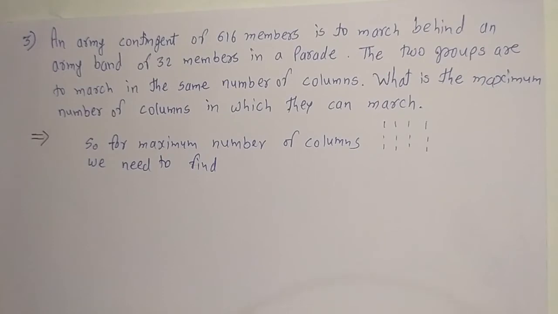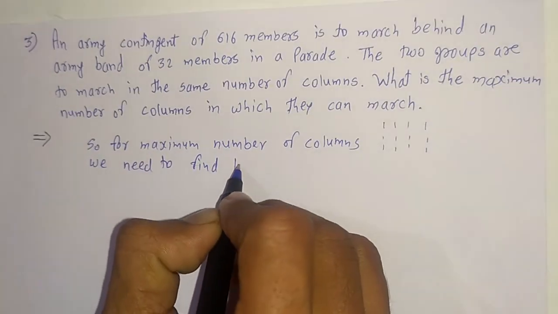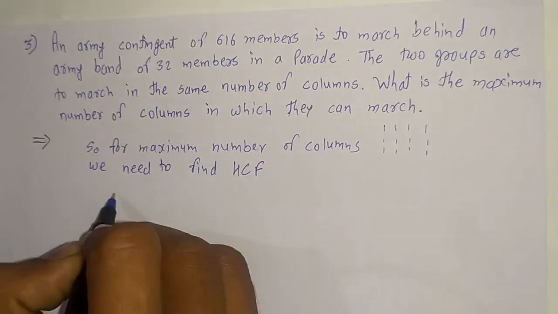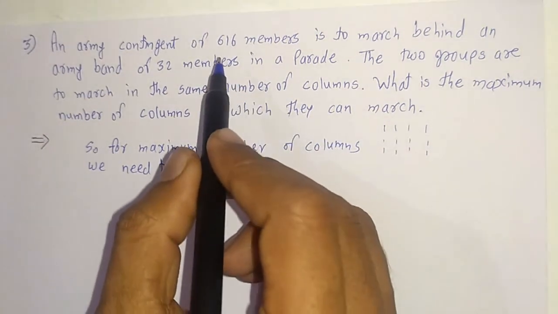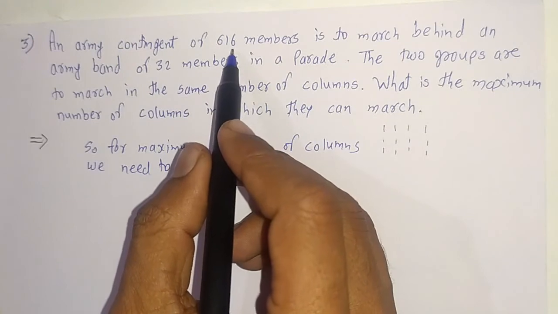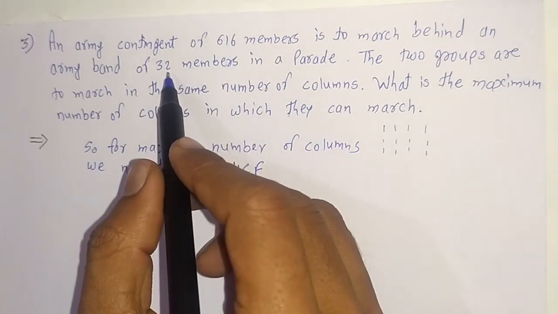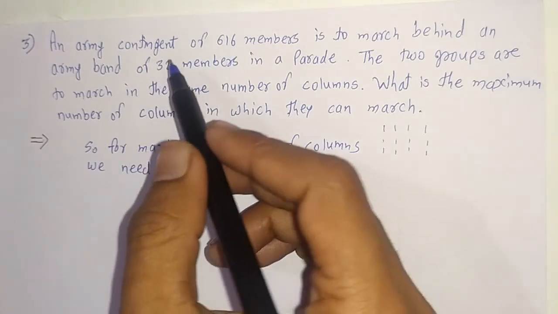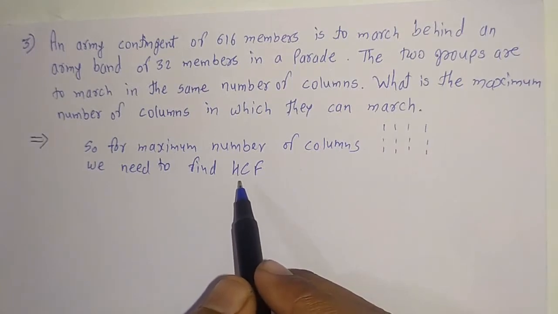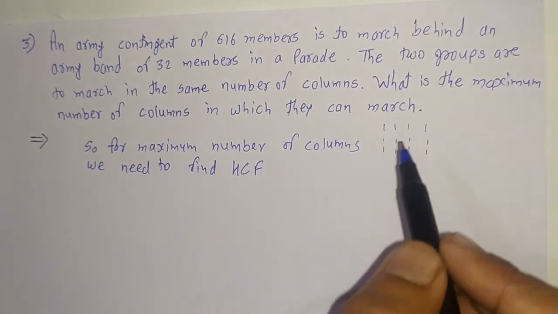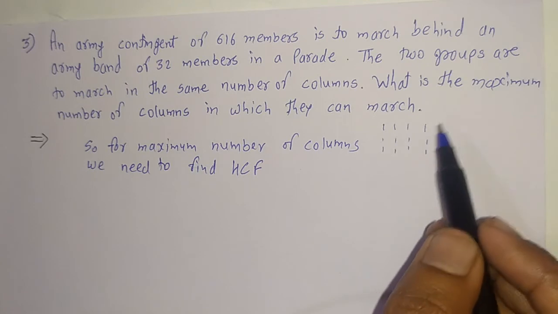You can use Euclid's division lemma to find the HCF. What are the two numbers given here? 616 and 32. Once you find the HCF, you will get the maximum number of columns in which they can move.